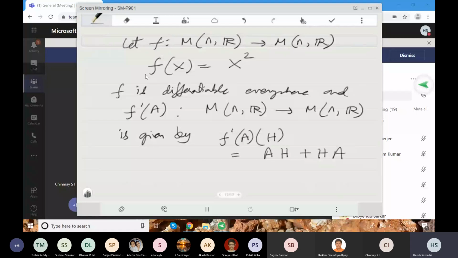Yeah, so this example at first sight might appear a bit confusing, because the role being played by M_n(R) is not this. One must not think of M_n(R) as the space of linear transformations at this stage.